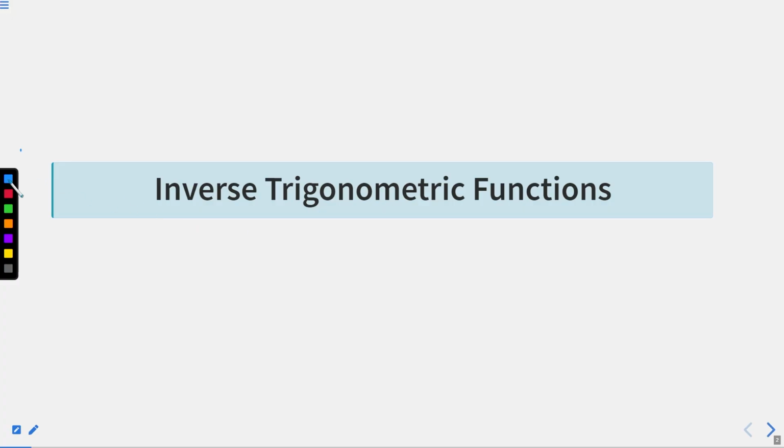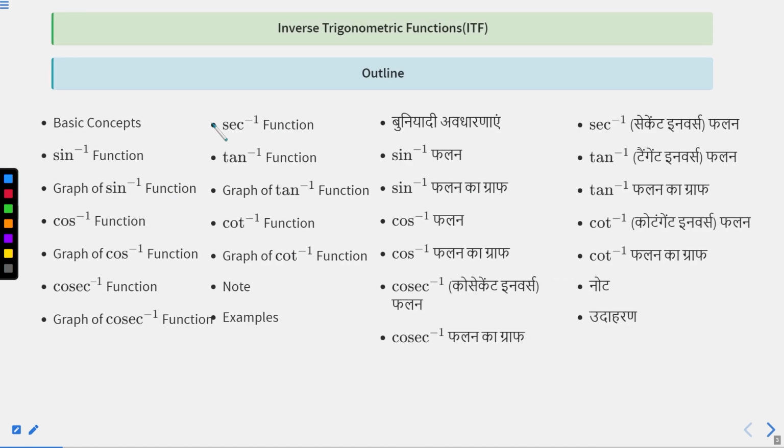Today we will be continuing our discussion on the topic of inverse trigonometric functions, class 12th, chapter 2nd. So far we have discussed the basic concepts, the sine function graph and the theory, the cos function graph and the theory, the cos inverse function and the sine inverse function.